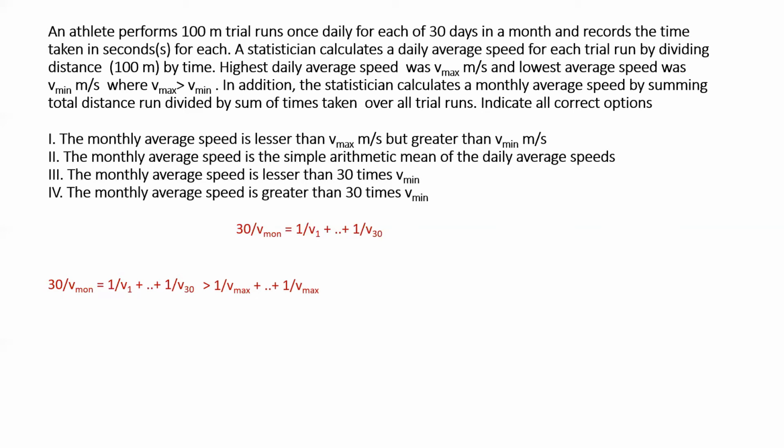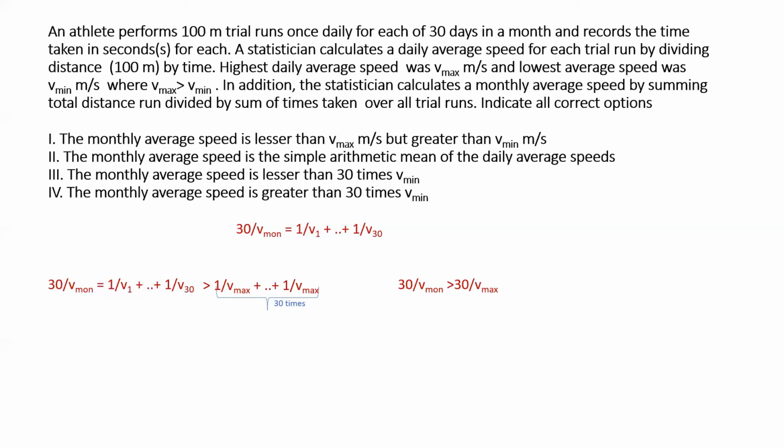Because it's reciprocal, so if you increase the denominator, the value gets lesser. So that's why we have this inequality here, where 30 by Vmon is greater than the sum that we'll get if we replace each V in the denominator by Vmax. And this is basically 30 times of 1 by Vmax.